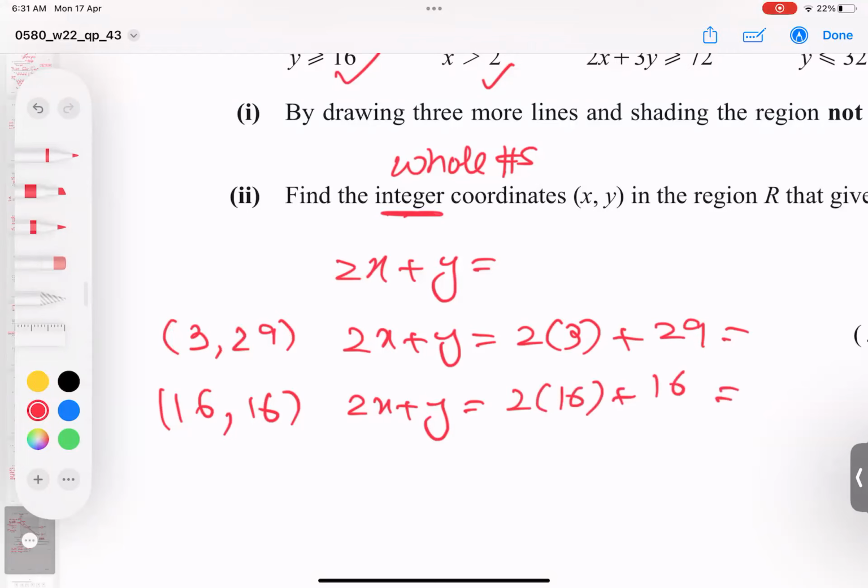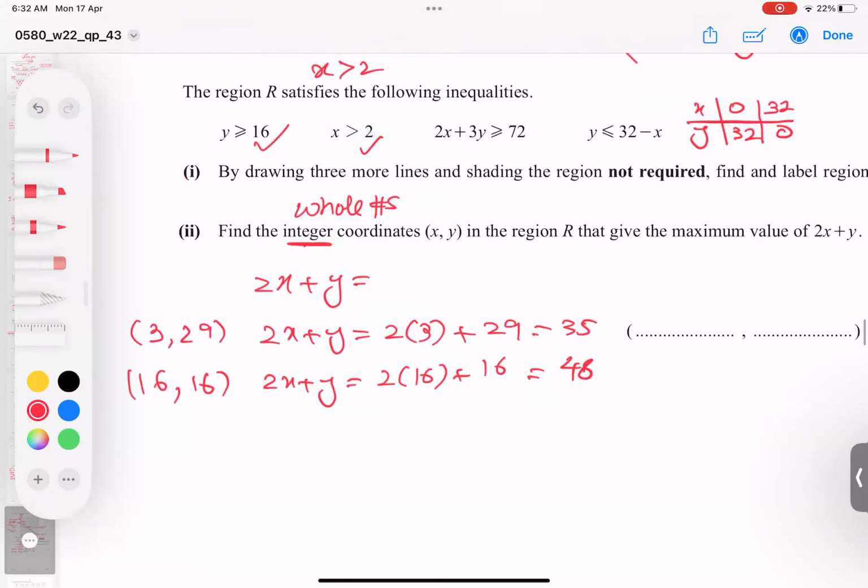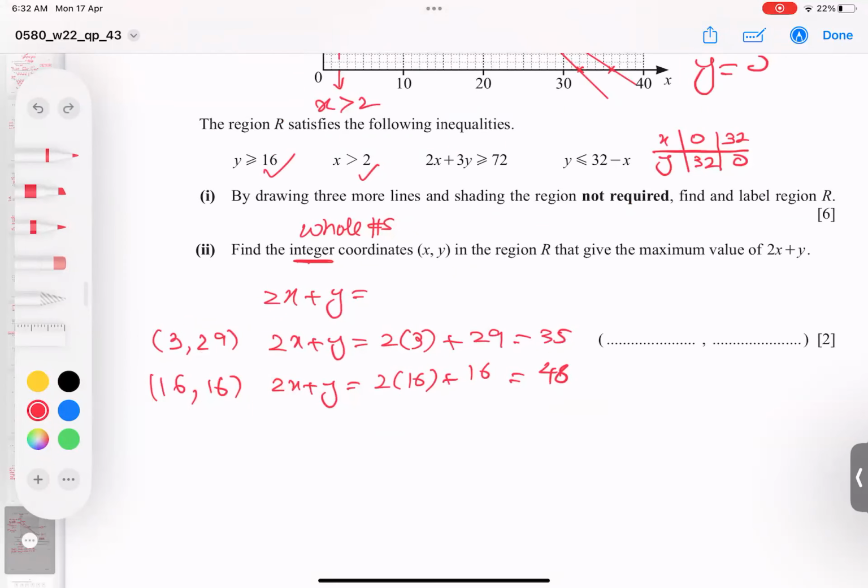I type both in the calculator. Top is 29 plus 6, giving 35. And below is 16 plus 16 into 2, giving 48. So naturally the maximum is coming for 16, 16. Alhamdulillah Rabbil Alameen. And I believe the point is very, very clear.